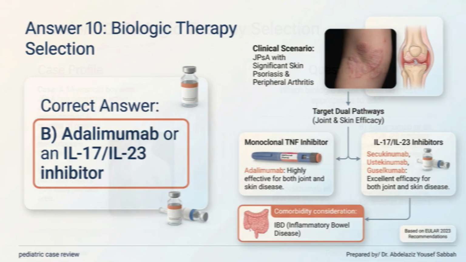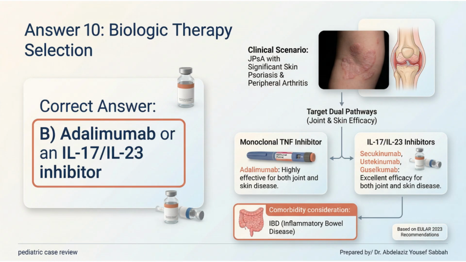The correct answer is option B, adalimumab or an interleukin-17 or interleukin-23 inhibitor. When a patient has both significant joint disease and extensive skin psoriasis, the biologic choice should target dual pathways for both joint and skin efficacy. Adalimumab is a monoclonal tumor necrosis factor inhibitor that is highly effective for both joint and skin disease.